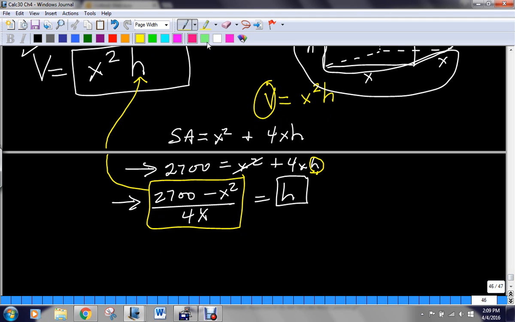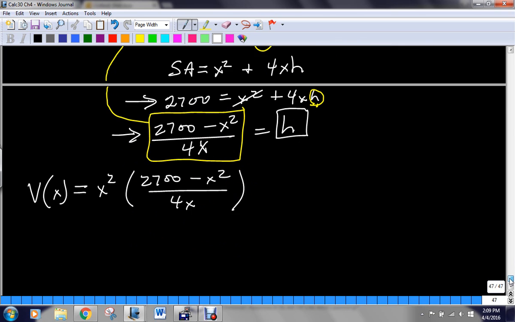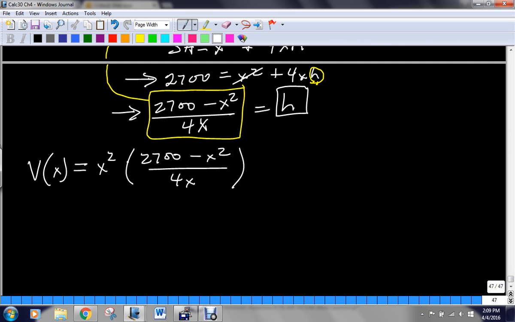Now I can rewrite this as a volume function in terms of x: x squared times (2700 minus x squared) all over 4x. You may want to simplify this before you start taking the derivative. We've accomplished something in that, in terms of one variable only, this is the formula for volume for that box, and we've included the information given about the amount of material we have.